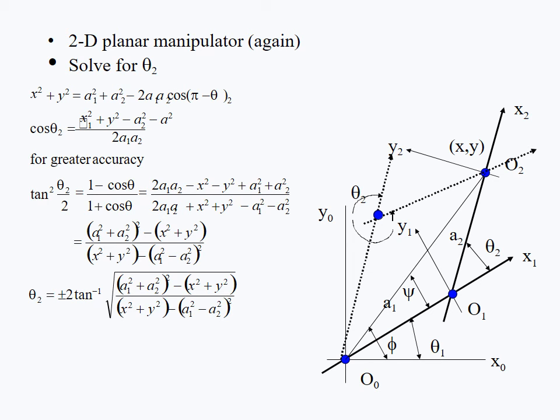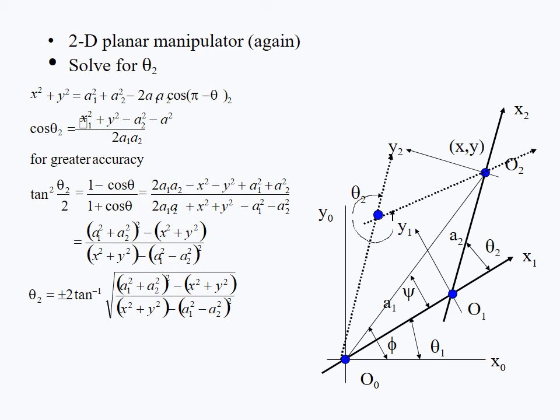So a 2D manipulator solving for theta 2. This is the form x squared plus y squared equals a1 squared plus a2 squared minus 2 a1 a2 cos(phi minus theta). This is solving for a two planar manipulator. This is the model. Previously we had the same model, that is the 2D planar model, with theta 1, theta 2 and origin.